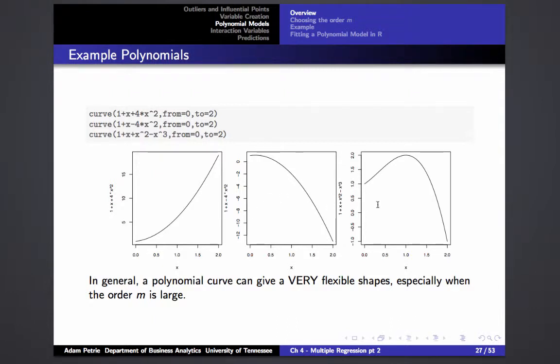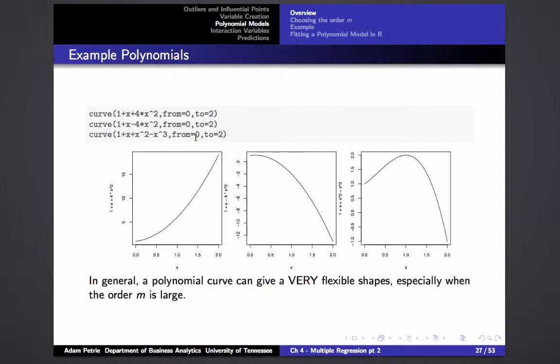So here are three examples of polynomial curves. We see something like x squared, where it's increasing more rapidly as x gets bigger. Here's an example of a second degree polynomial, 1 plus x minus 4x squared. It's curving downwards. And here's an example of a non-monotonic polynomial, where we have an increasing part and a decreasing part. This is 1 plus x squared minus x cubed.